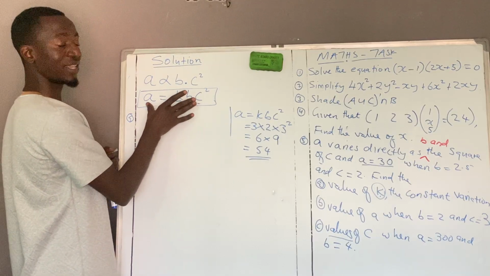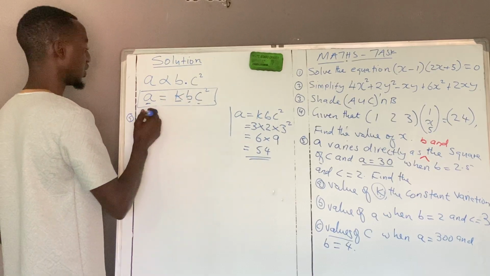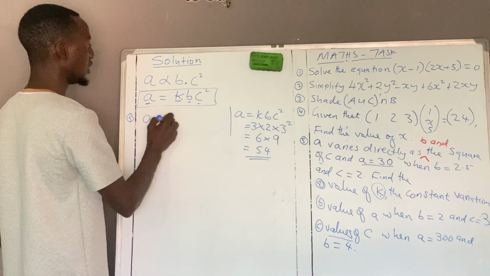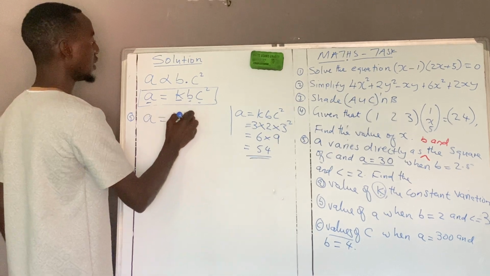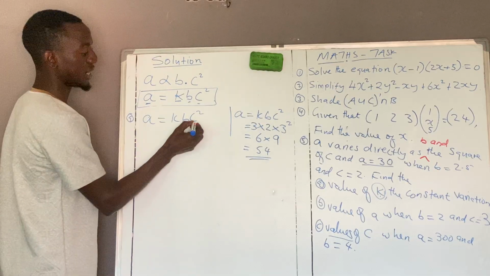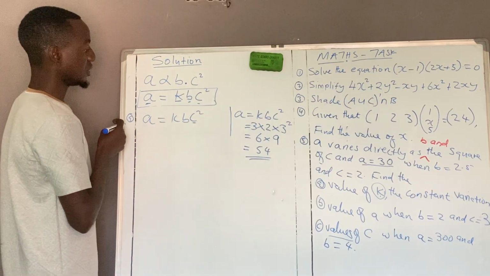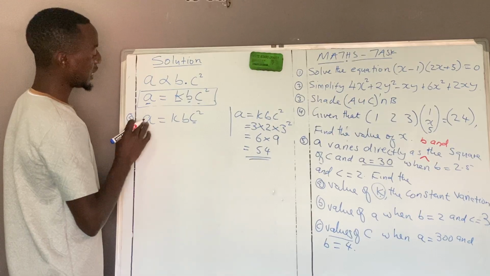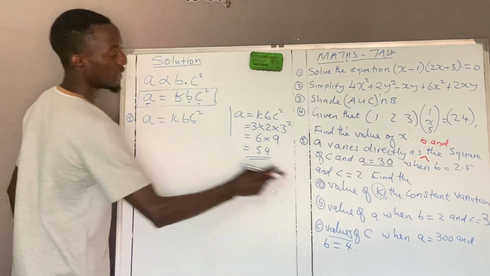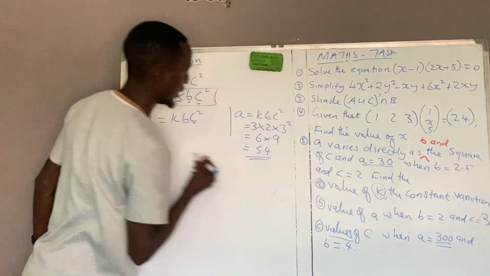So now we are going to use the same formula or equation: A is equal to K B C squared. But now we are finding the value of C. When A is 300, where there's A, let's put our 300.